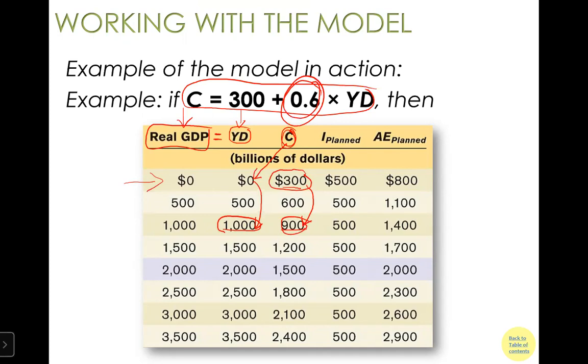So this is consumption. I planned is planned investment. It's fixed, regardless of your income level. So we always have a plan of 500. Just think about, say, the iPhone, before the announcement of the new iPhone 12.